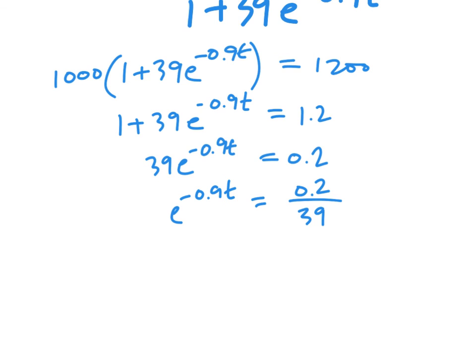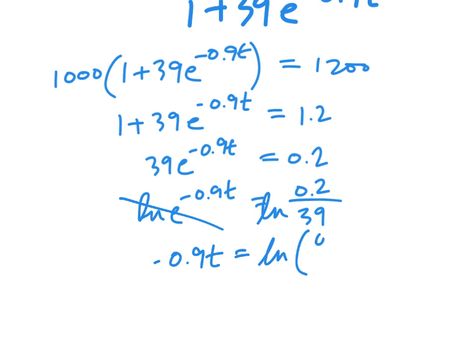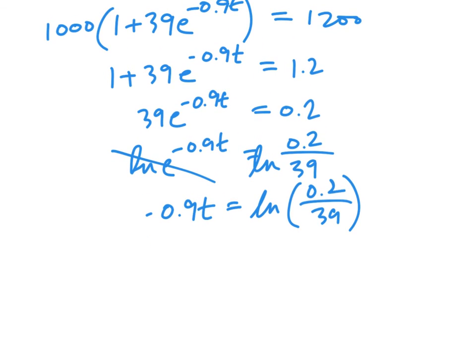Luckily, this is a base of e, and natural log has a base of e. That means it will just cancel out, and natural log e is just 1. So we apply natural log on both sides, and then we get to here. And the last thing you're going to do is just divide by negative 0.9.